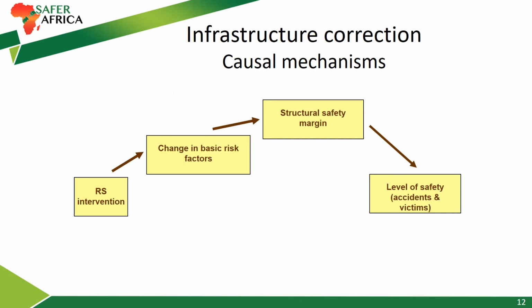This means that from a physical point of view, it should be possible to evaluate the change in basic risk factors due to an intervention and also the resulting change in the level of safety.